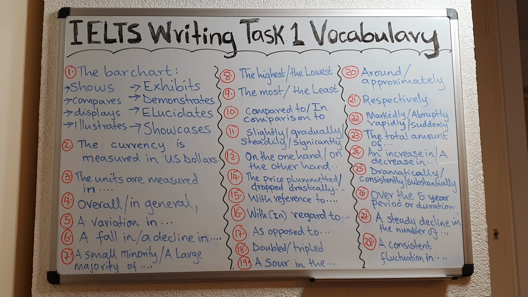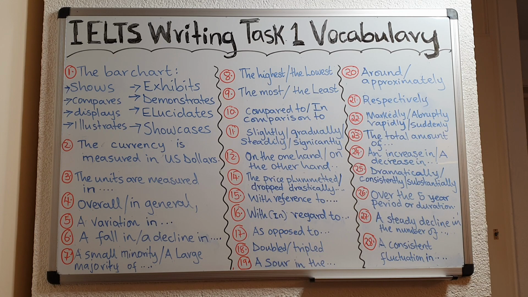Around 20% of the student population decided to buy their own laptops in the year 2020. Or you can say approximately 20% of the student population decided to go on strike. Approximately 20% of the student population decided to go on strike.